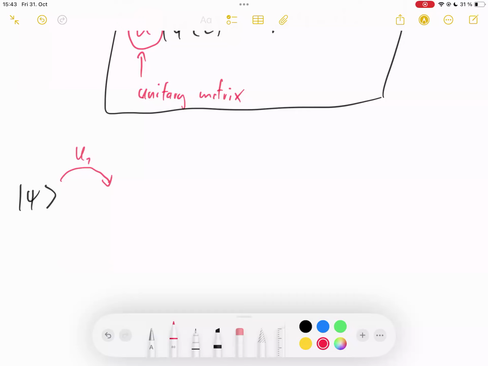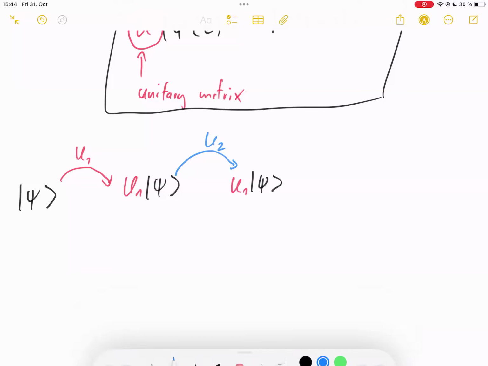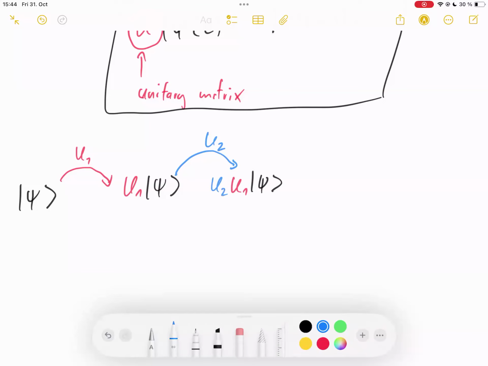So we had our start state, psi, and multiplied it with U1, which I'm still marking in red to make it easier to understand. This is some state now, and I'm applying a different operation to the state now. And we can denote this as, so we had our psi with our U1, and we always multiply from the left, as you saw last week.